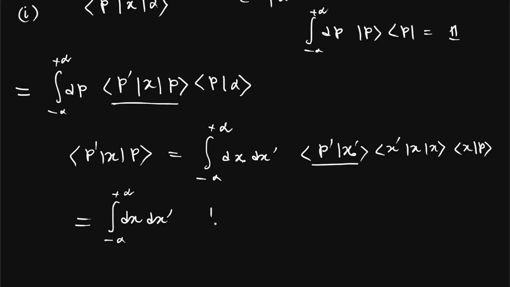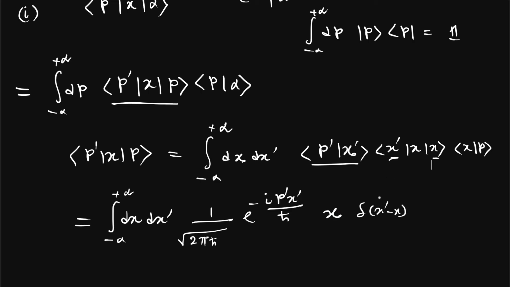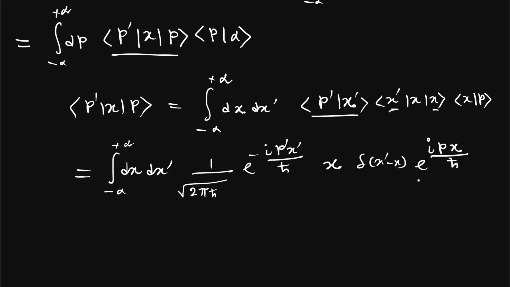This is 1 by root over 2 pi h cut e to the power minus i p prime x prime by h cut. This will be x times <x prime|x>, that will be delta x prime minus x, since these eigenkets are orthonormal, and this will be e to the power i p x by h cut by root over 2 pi h cut.